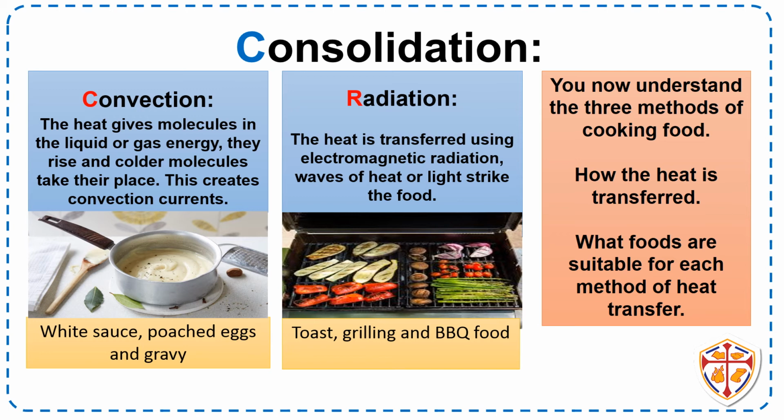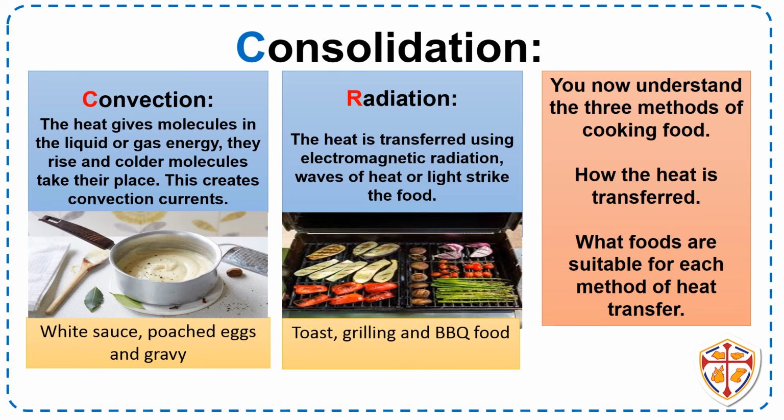Examples of this form of cooking would be hot water, air or oil surrounding the food, such as boiled potatoes, chicken stew, roast beef, poached eggs, or deep-fried fish. Radiation.